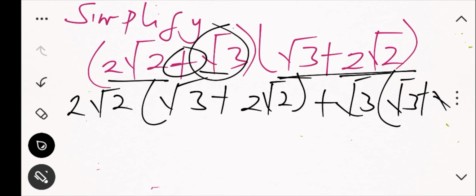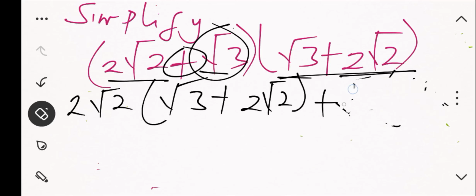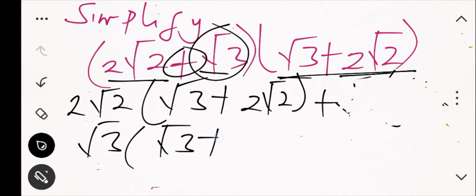Let me bring that one down here for convenience sake, if not, we might not be able to get the concept well. So plus root 3 multiplying root 3 by 2 root 2. Is that right?